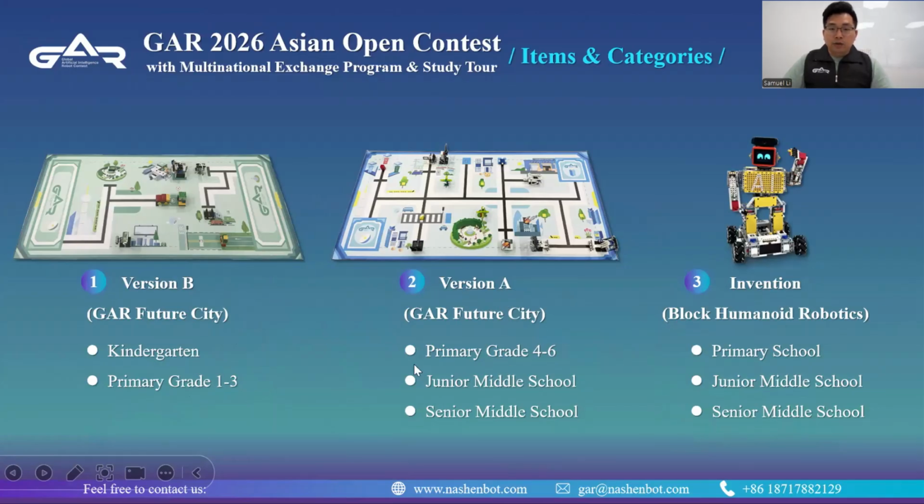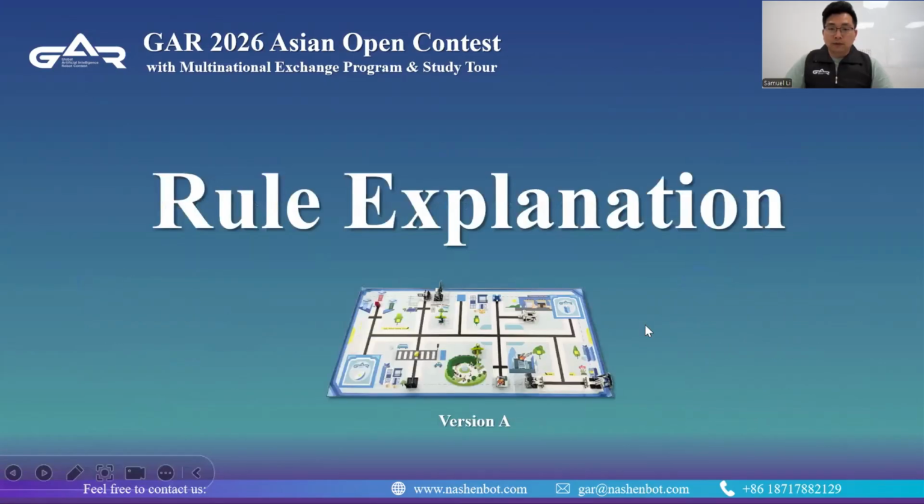Version A is for three groups: primary grades 4 to 6, junior middle school, and senior middle school. For the Invention, this year's theme is block humanoid robots. It also has three groups: primary school, junior middle school, and senior middle school. Today, the rule explanation will focus on Version A.